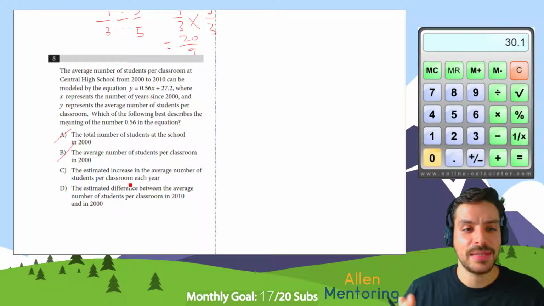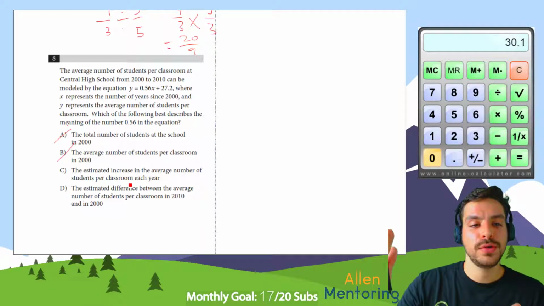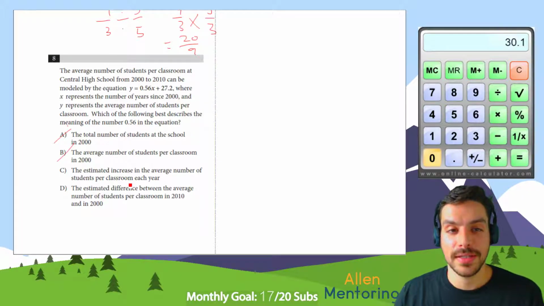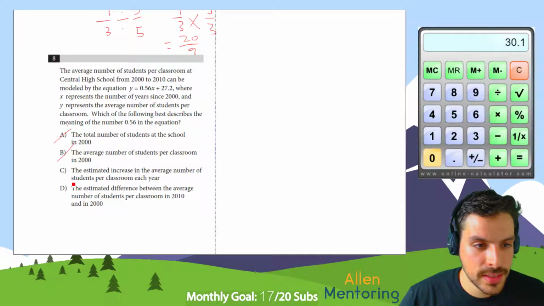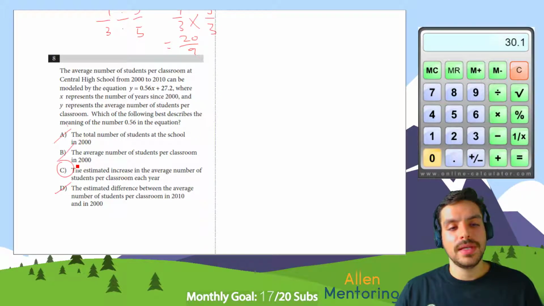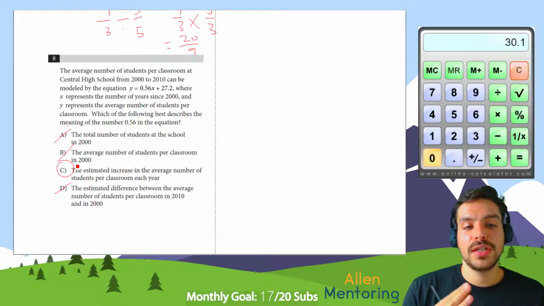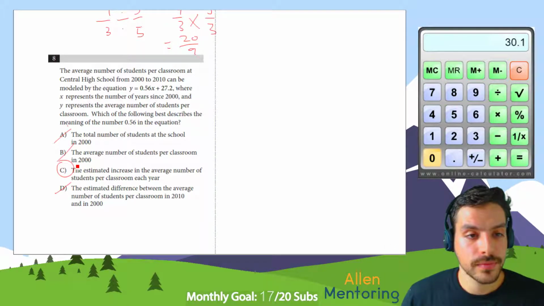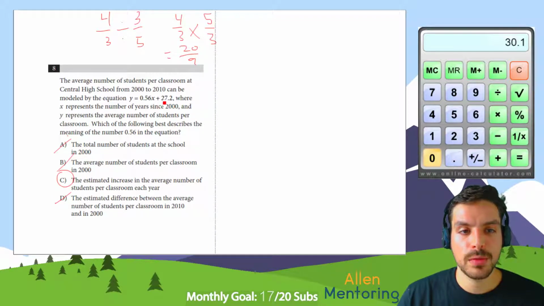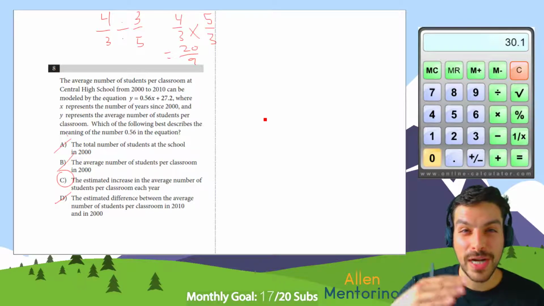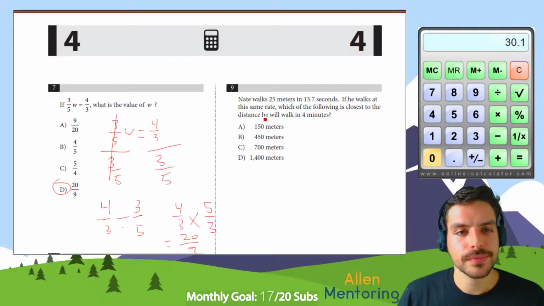So C seems to be the correct answer, because as you increase every year, that's how many students increase per classroom every single year. If you were to model this with a line, 0.56 would be the slope, the rate of change per year.